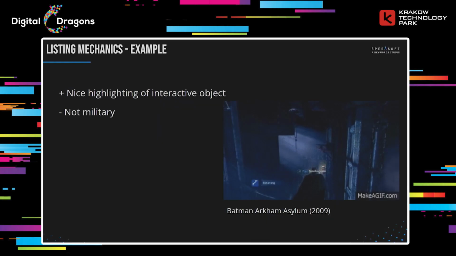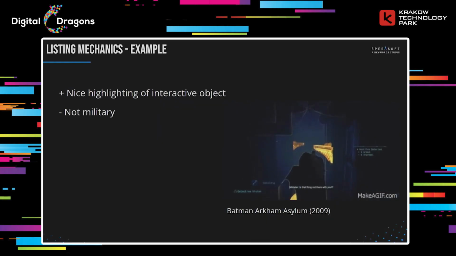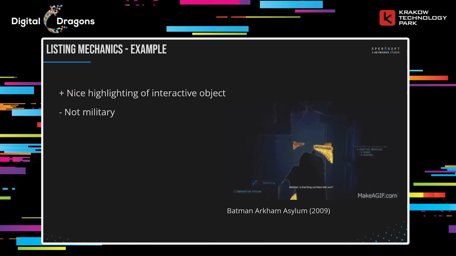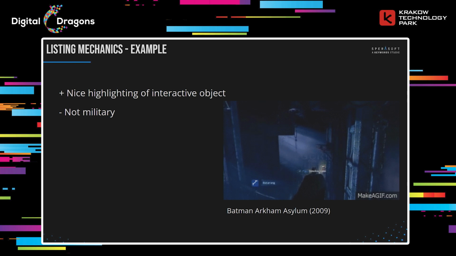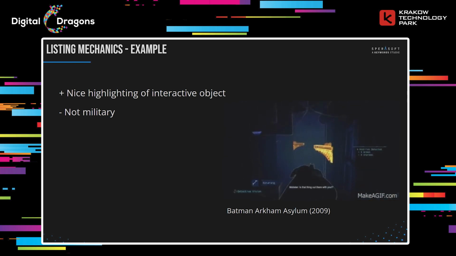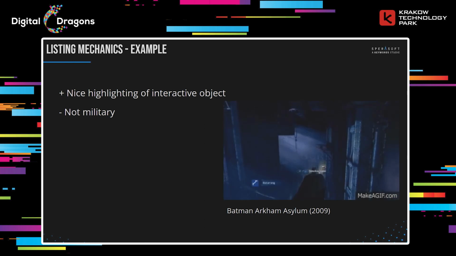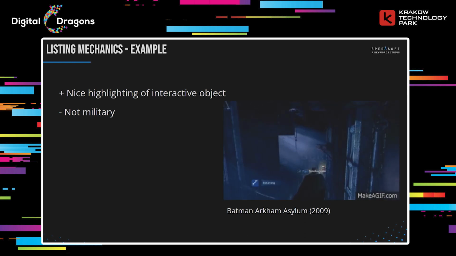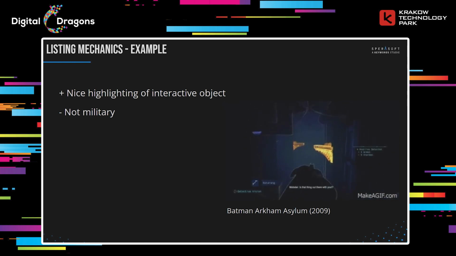We are going to look into the game, see how it works, and try to find out about the night vision mechanic. In Batman Arkham Asylum, we have the detective mode that highlights the interactive objects that we can interact with, or the enemies, so we can see their position.